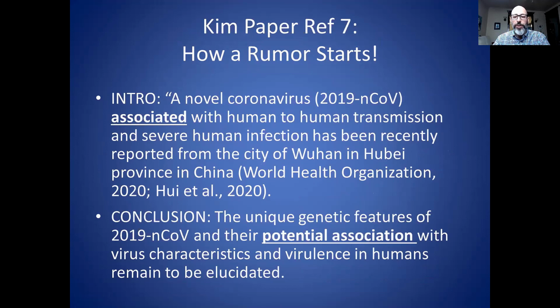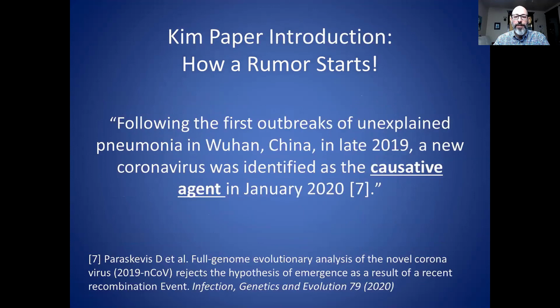And in its conclusion, it talks about the genetic features of the virus, and their potential association with virus characteristics and virulence in humans remain to be elucidated. So in other words, there's some kind of association. We need more research. We haven't proven anything. So how did they say this? They must have just basically flat out lied. They made this up.